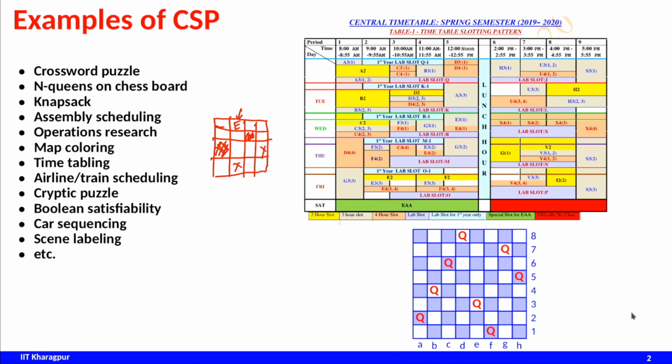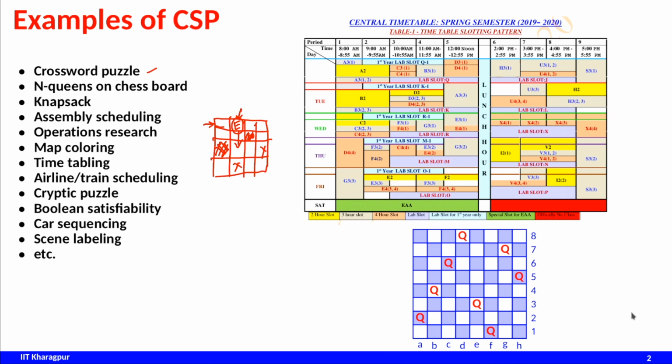So it has to ensure that the row as well as the column makes sense when I put some character in this place. So this is a crossword puzzle.